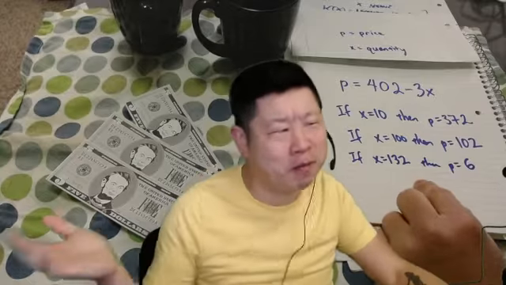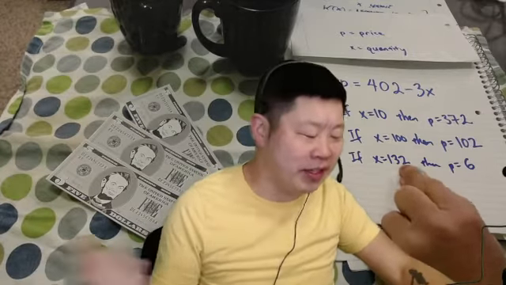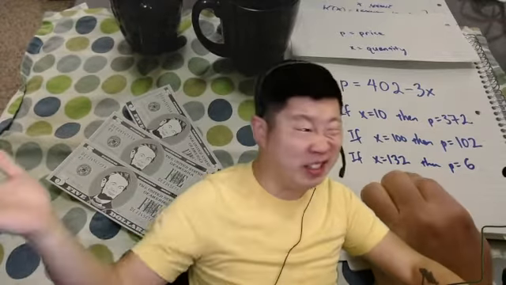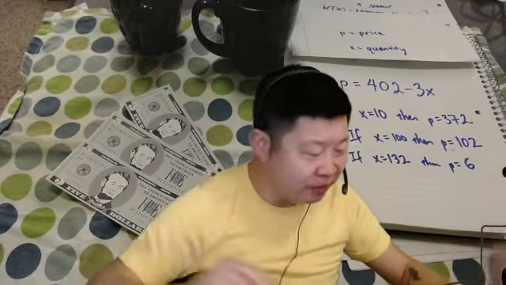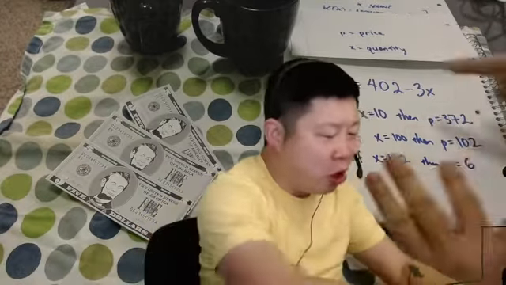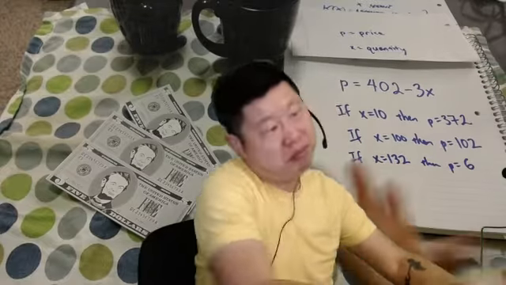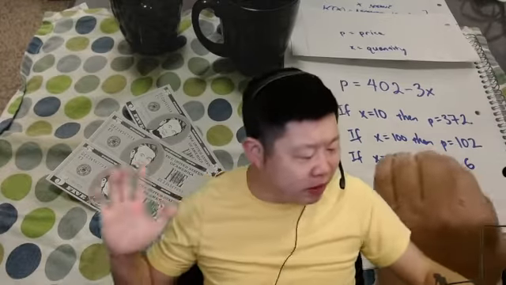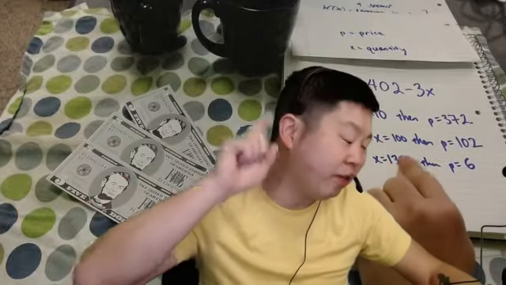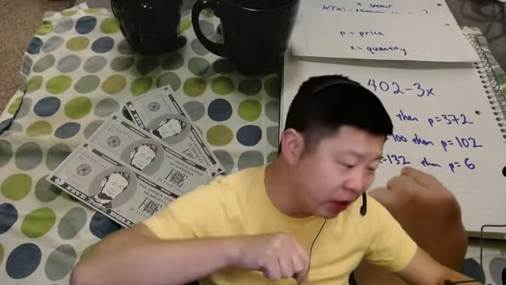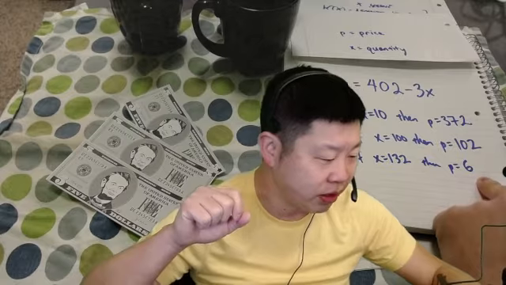If you're going to be in the mug making business, it makes more sense that x is going to be 1,000, 10,000. You're going to make a lot of mugs. But let's just go with it. The numbers are rather small, but let's run with this: if there are 132 mugs in the market, then the price of each mug should be $6.